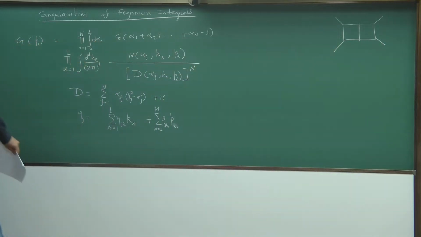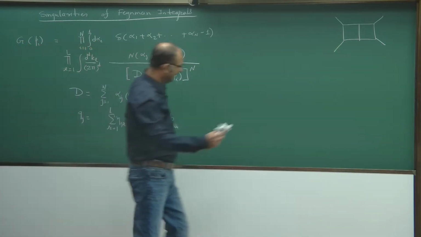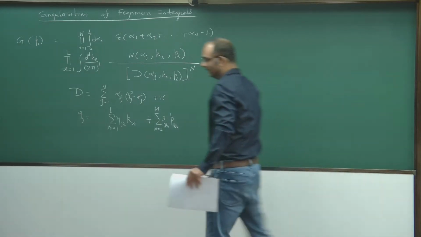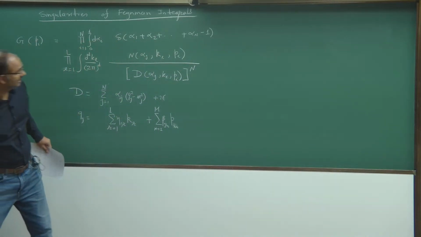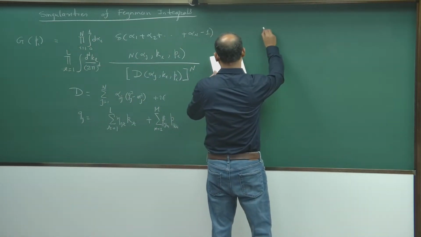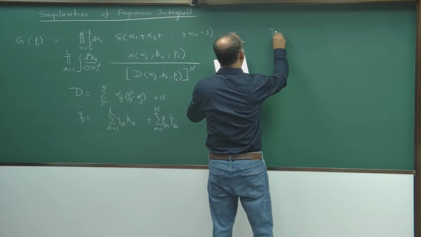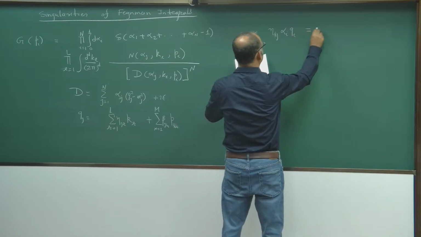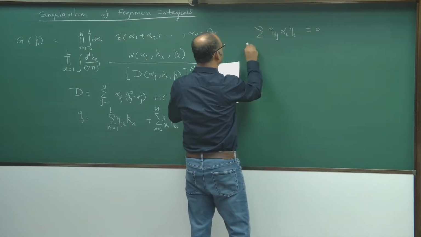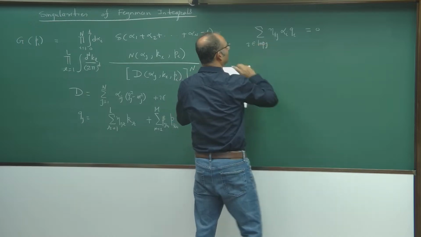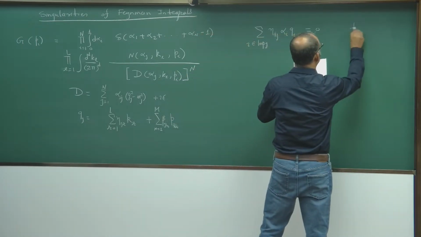You take a particular loop J and you sum over all the lines in that loop J, and the following should be 0: the sum of eta_ij alpha_i q_i is equal to 0, where you are summing over all the lines i which belong to loop J. And that should be for each J.